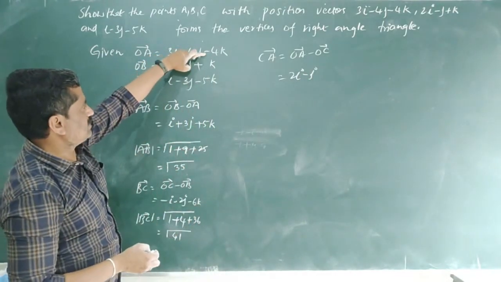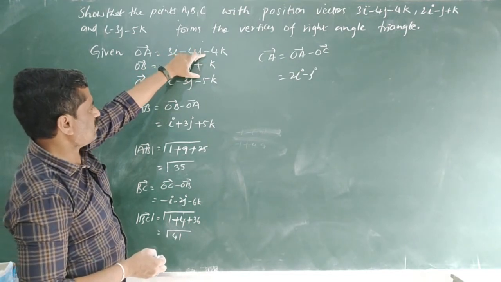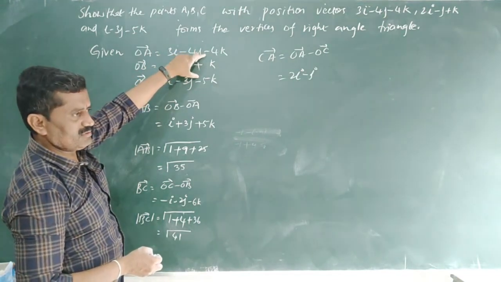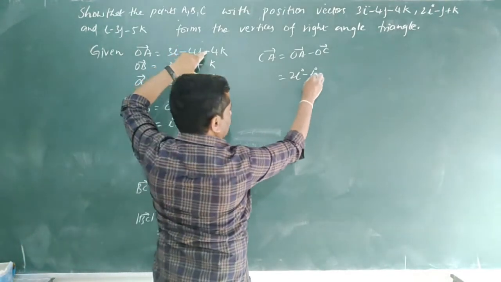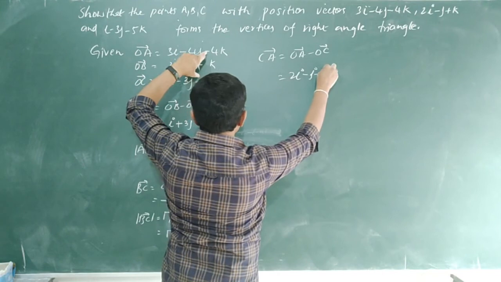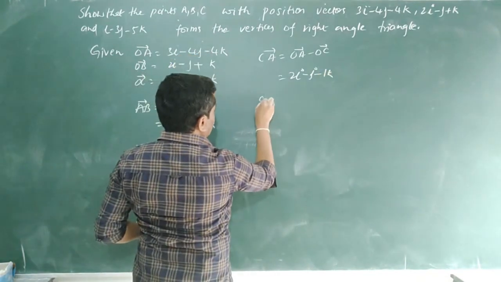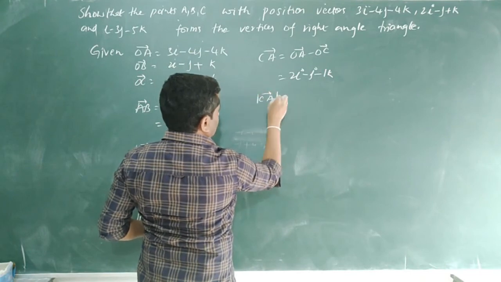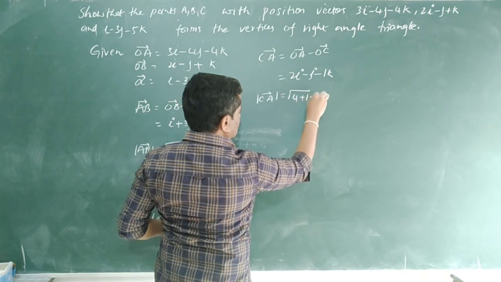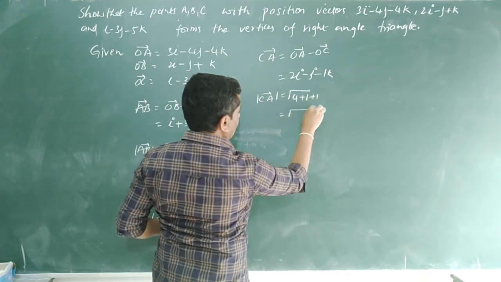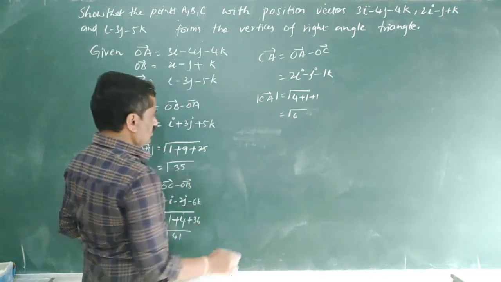Again 4 minus of minus 5, we have plus 5, minus 4 plus 5, we have 1k. So we need to find the magnitude of CA bar, which is equal to square root of 2 square, that is 4, plus 1 square, 1, plus 1 square, 1, that is equal to root 6.